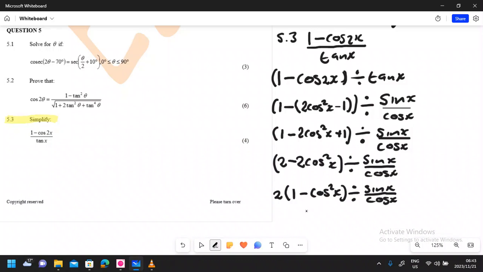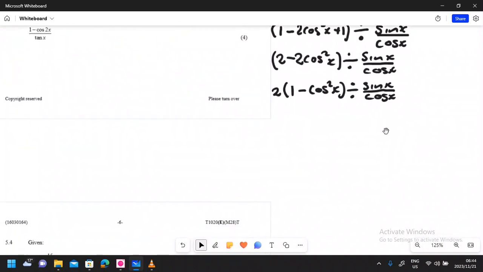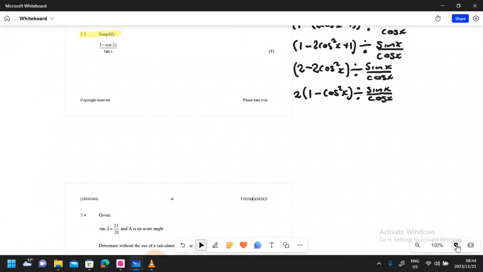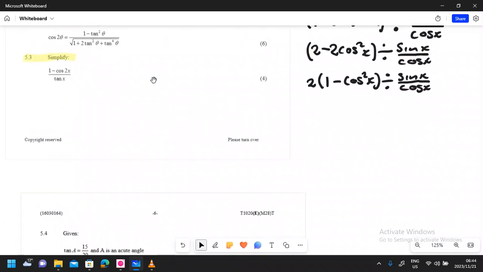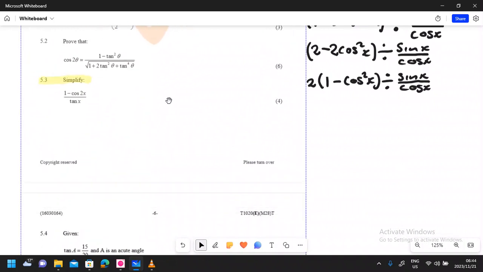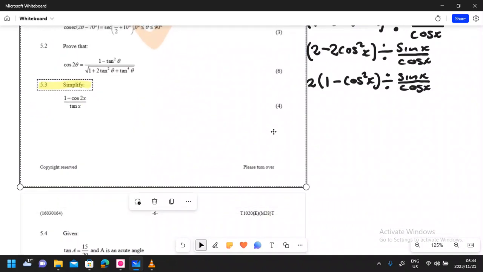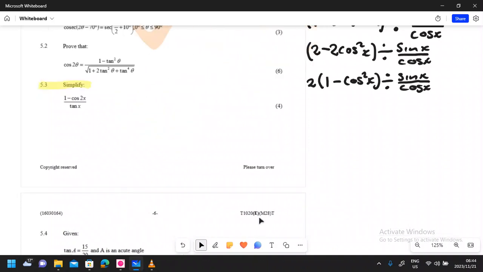All right, now let's look at what is inside the bracket there. If you look at what is inside the bracket, guys, this is an identity. Remember our square identities? We have sine squared x plus cos squared x is equal to 1.